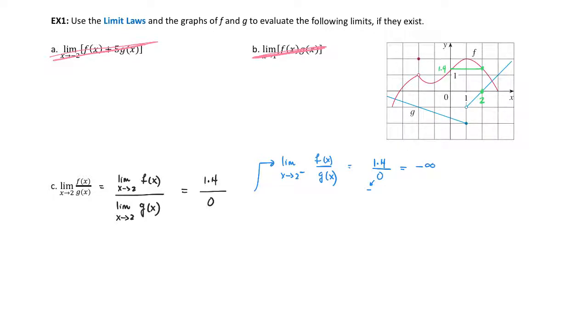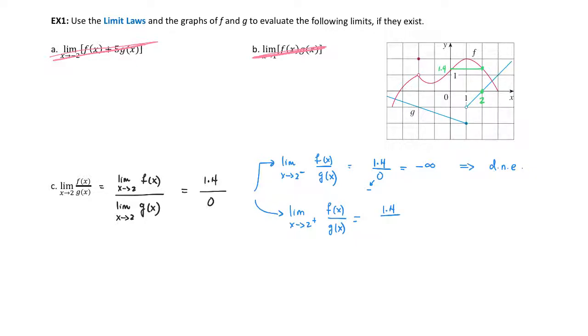Well, that is telling us that the limit does not exist, right? Because if you remember, infinity or negative infinity is not a value, it's only a concept. So this limit does not exist. Similarly, I can try to analyze the limit as x approaches 2 from the right of f of x over g of x. And again, the numerator approaches 1.4.